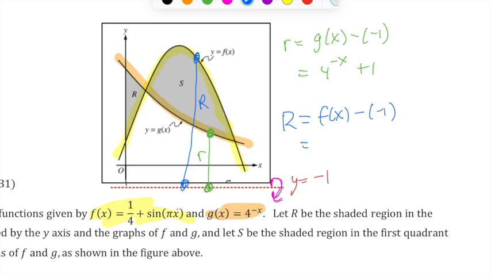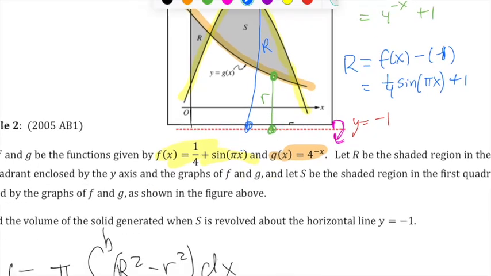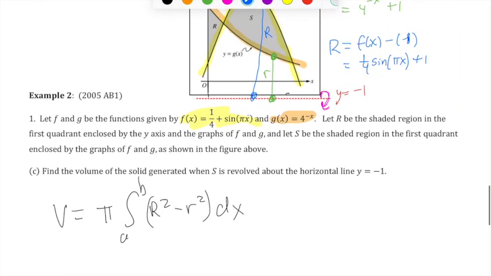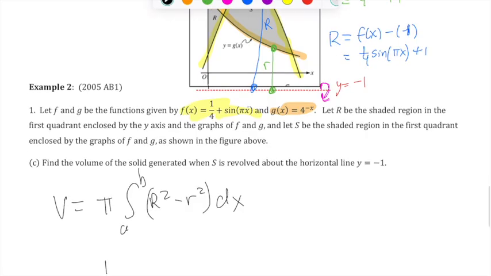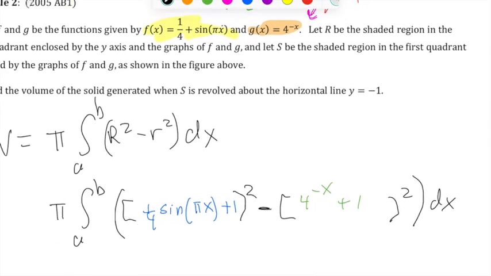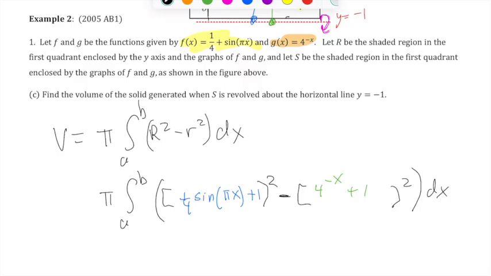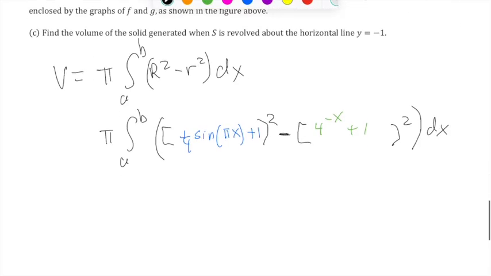Now my big R is defined by 1/4 sine of pi x, and minus -1 turns into +1. So let's fill in what we have. And there's our equation. We just need to find a and b.